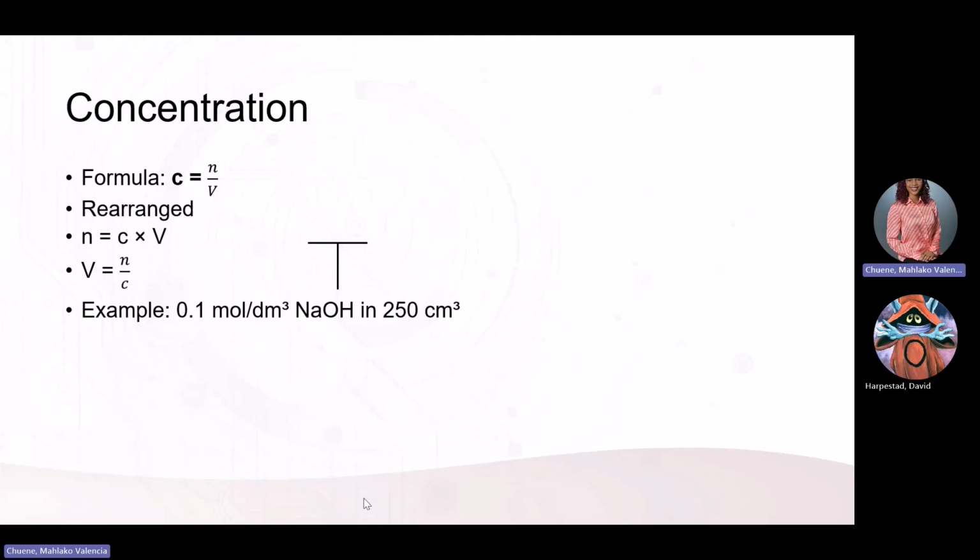As you can see, we are working with decimeter cubed and centimeter cubed, and in our concentration, volume is always supposed to be measured in decimeters cubed. So you need to be very mindful of these units that we measure.